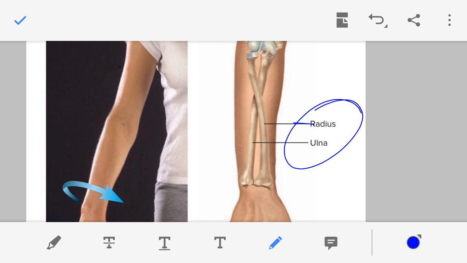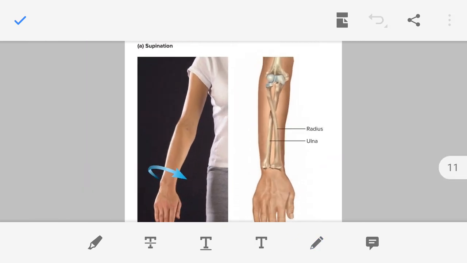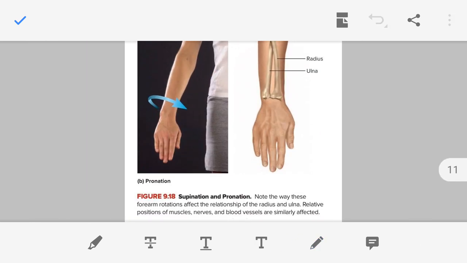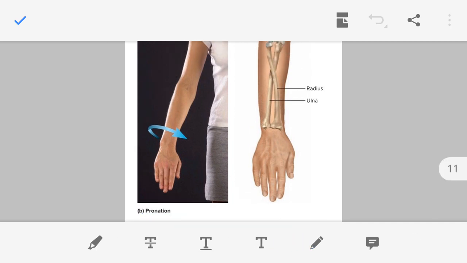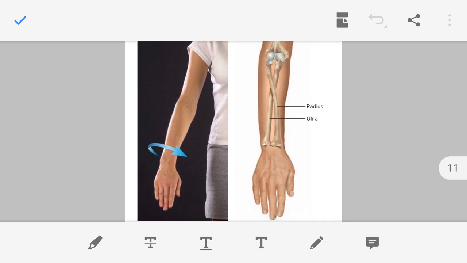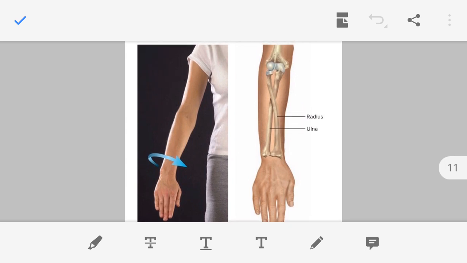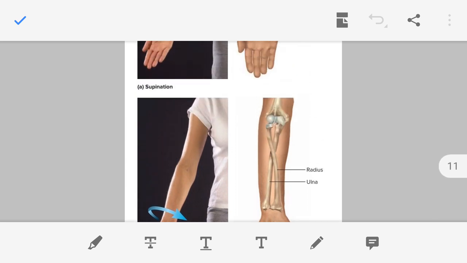See the position of radius and ulna. Which movement is this? This is pronation. Pronation movement is possible due to the syndesmosis joint between radius and ulna.